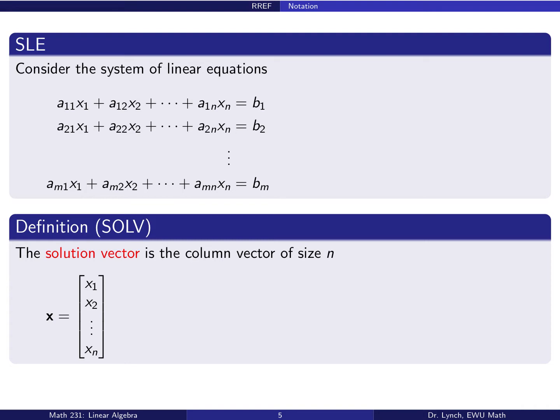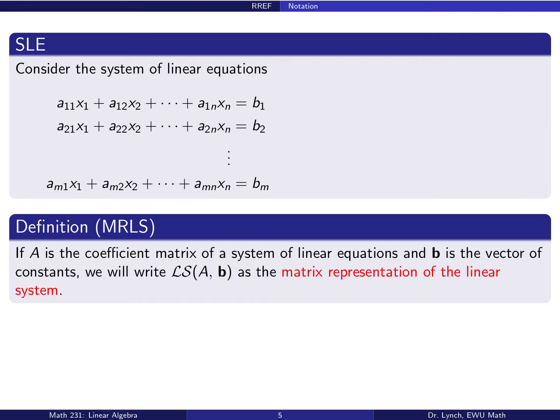The solution vector is a vector of size n, which is x1 to xn. Armed with these two vectors and the matrix A, we can describe this linear system of equations. If A is a coefficient matrix and B is a vector of constants, we can write LS(A, B) as a compact notation for the matrix representation of this linear system.